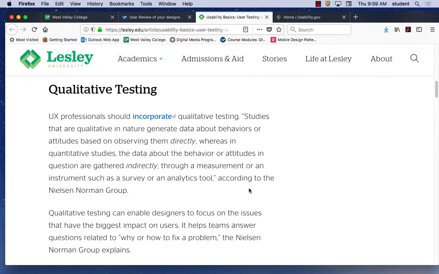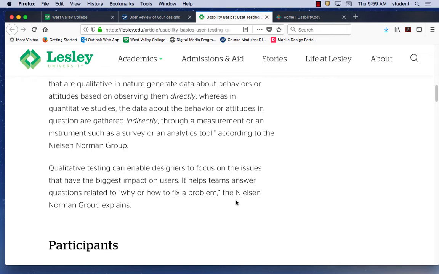Alongside quantitative testing, UX professionals should incorporate qualitative testing. Studies that are qualitative in nature generate data about behaviors or attitudes based on observing them directly, whereas in quantitative studies, the data about the behavior and attitudes is gathered indirectly through a measurement or instrument such as a survey or analytics tool, according to Nielsen Norman Group.